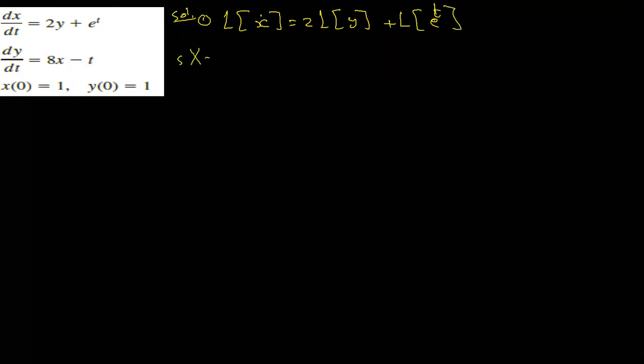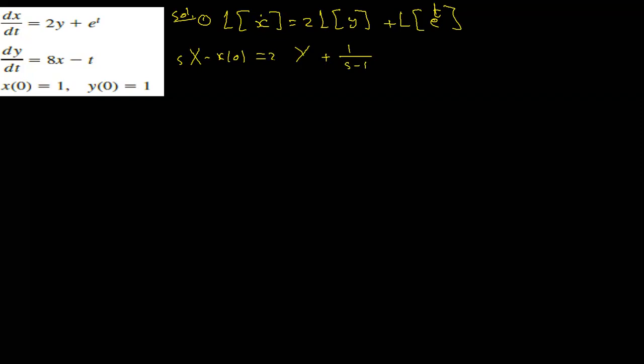So Laplace of x prime, or x dot, equals Laplace of y plus Laplace of e to the t. Laplace of x dot, I know, is s X capital minus x small of 0, equal to Y capital plus Laplace of e to the t, which is given to be 1 over s minus 1.